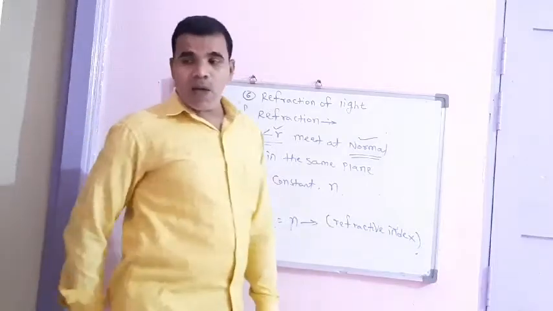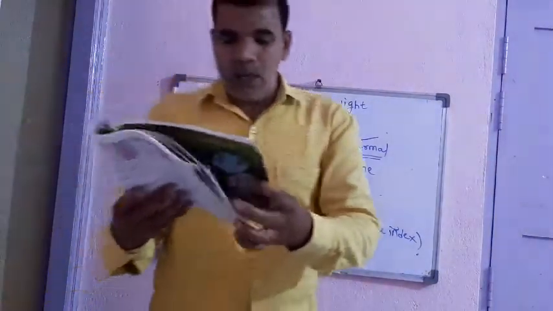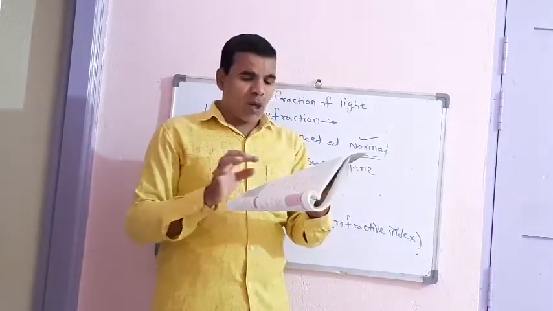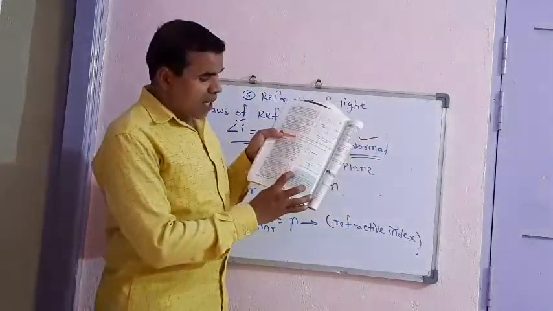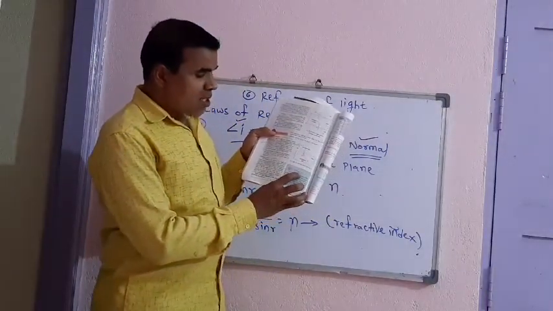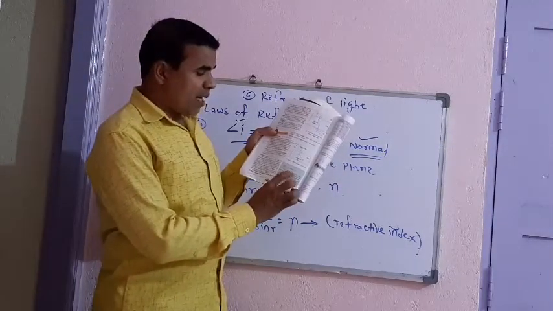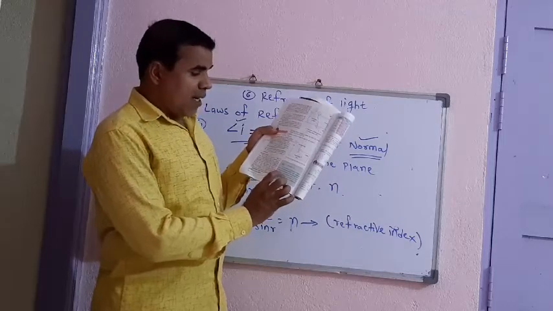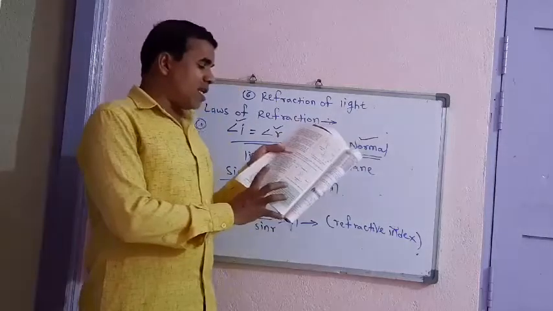Look at this, in our books it is given. Refractive index depends on the velocity of light in the medium. Sin i upon sin r equals a constant, called n, the refractive index of the second medium with respect to the first, and it is also known as Snell's law.